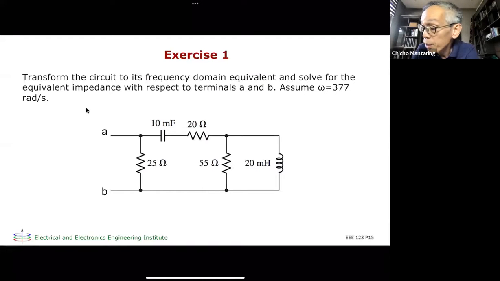Okay, this 25 ohms will stay 25 ohms, right? Because Z of R is equal to R. Okay, what is going to be the impedance of this branch?